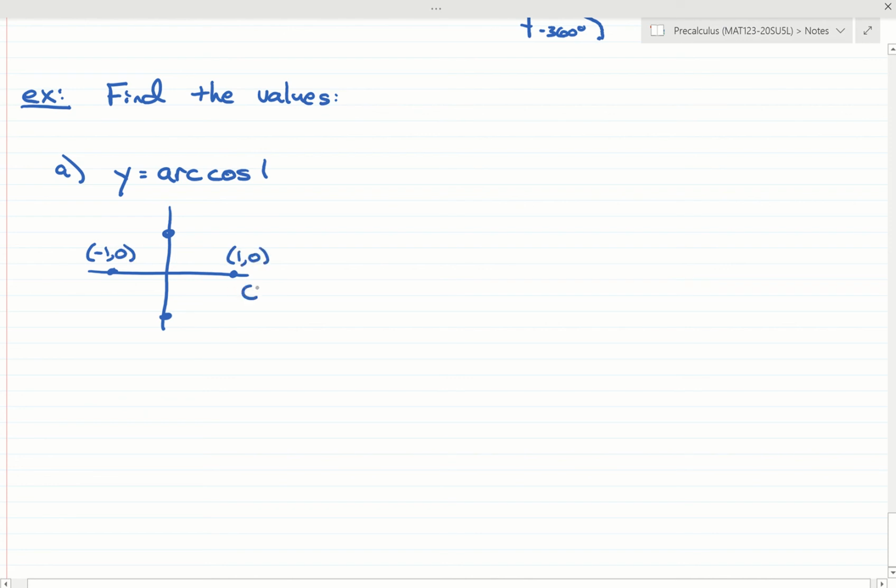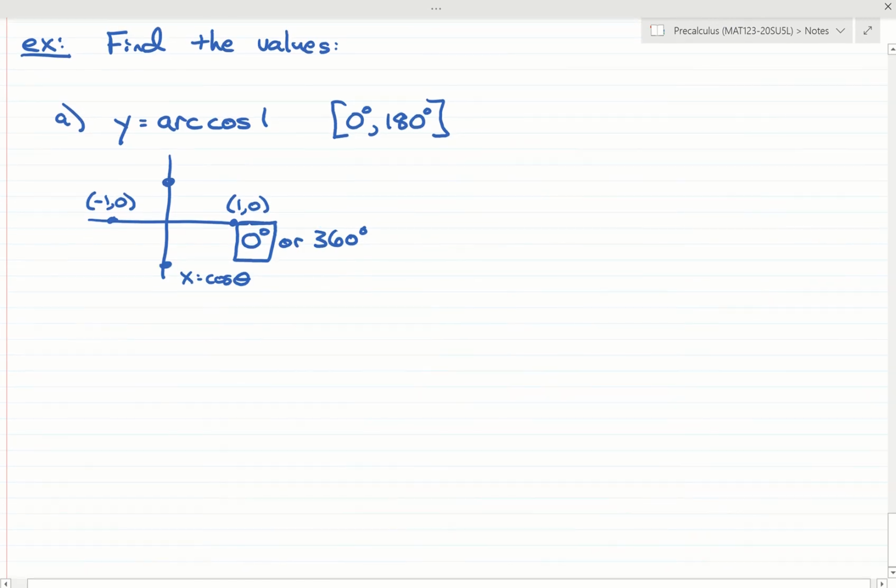So that's what we want. We either want 0 degrees or 360 degrees, because cosine is the x value. But remember what we said about cosine. We said that cosine has a restricted range between 0 degrees and 180. So we can only pick an answer between 0 and 180. 0 degrees would be our answer. 360 is outside of that.